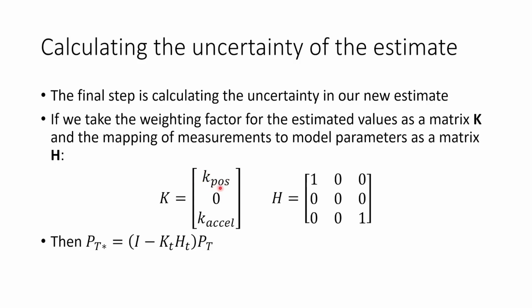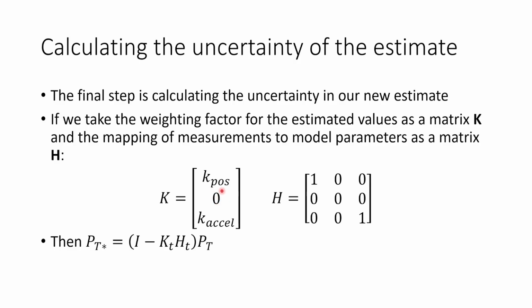If the little k for position was 0, that would mean that we were only using the prediction. If the little k for position was 1, that would mean that we were only using the measurement. So if k is a half, then we're using half of the measured value and half of the prediction, combined together. So we create this matrix that has these k values in.